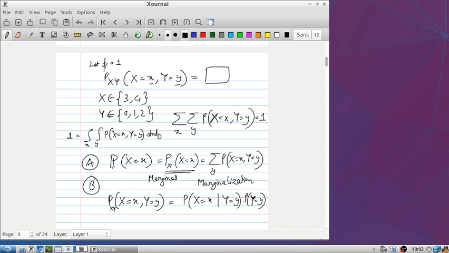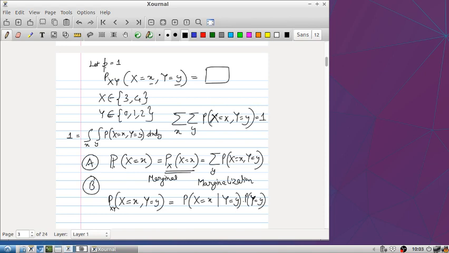So this is just factorization, or some of you might have seen this as Bayes rule. Not yet Bayes rule, but we can make it Bayes rule. This is called the factorization, or chain rule, of probability.